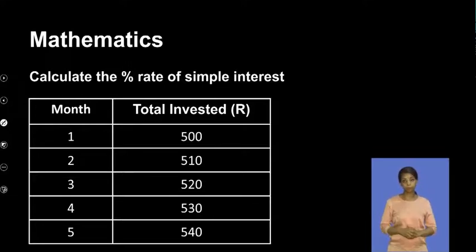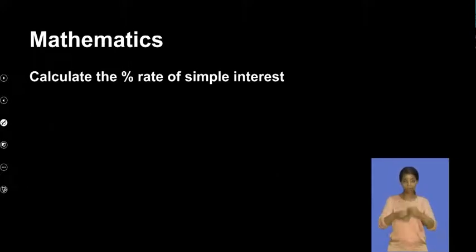Now, if we want to calculate the rate of interest, we would be dealing with the very same example. Remember that the person was having 10 rands that is added every day. So if I want to calculate this, the person started with 500 rands and they were adding 10 rands of that.